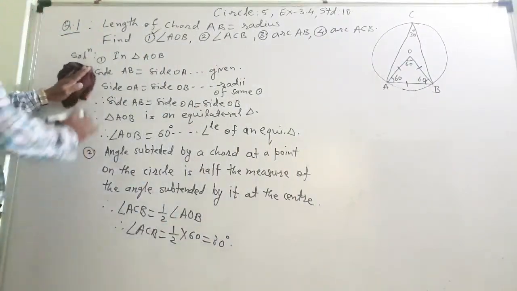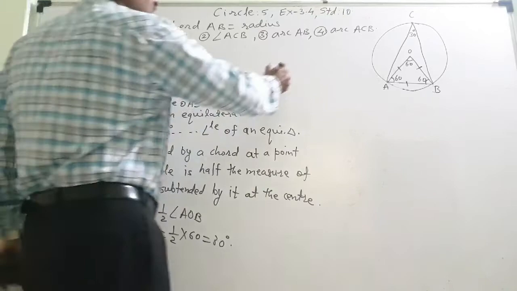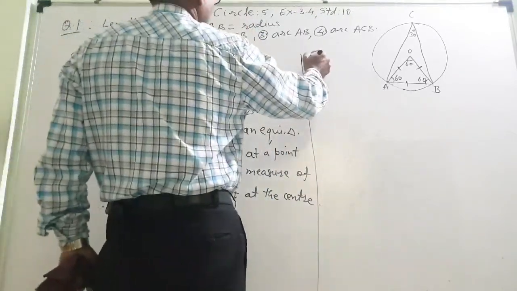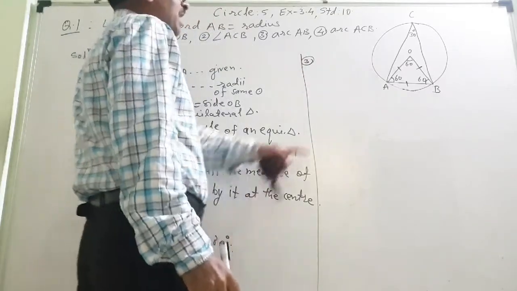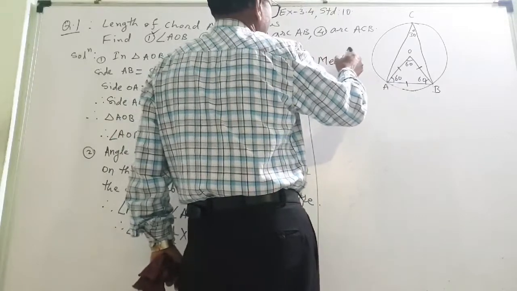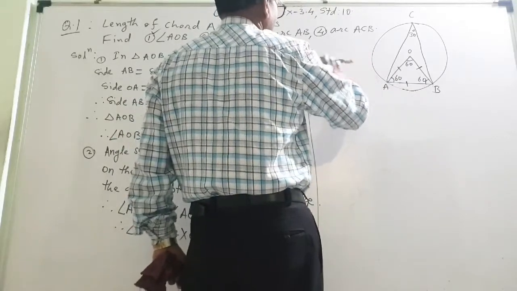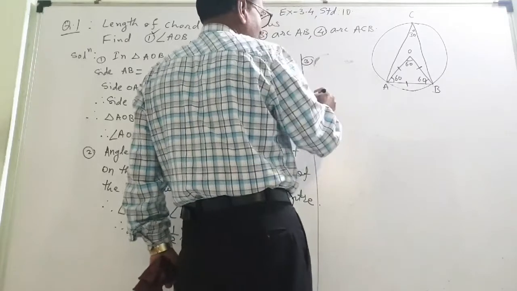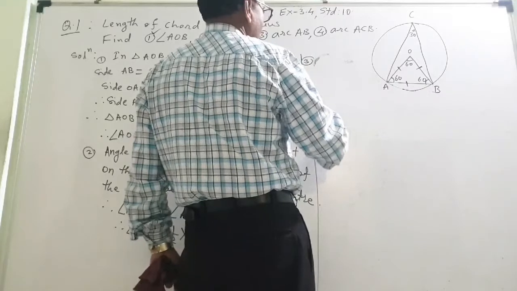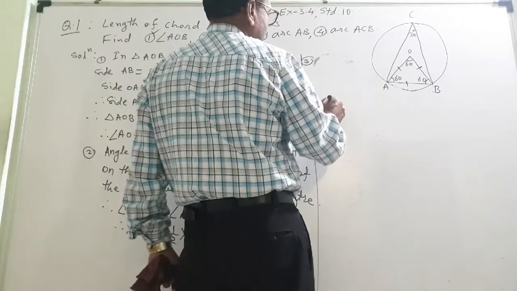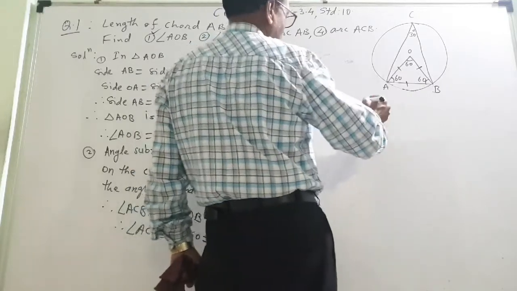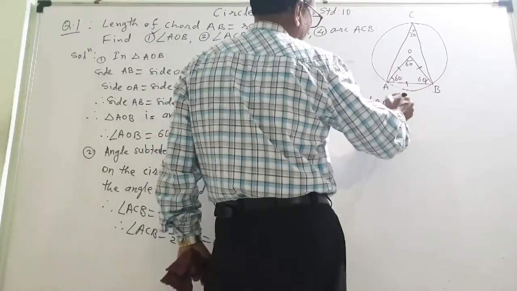So I will drop this now. Okay. For the third, I will see here. Now I want the third part. Measure arc AB. Measure of the arc, I will write directly here. Arc AB equal to angle AOB.